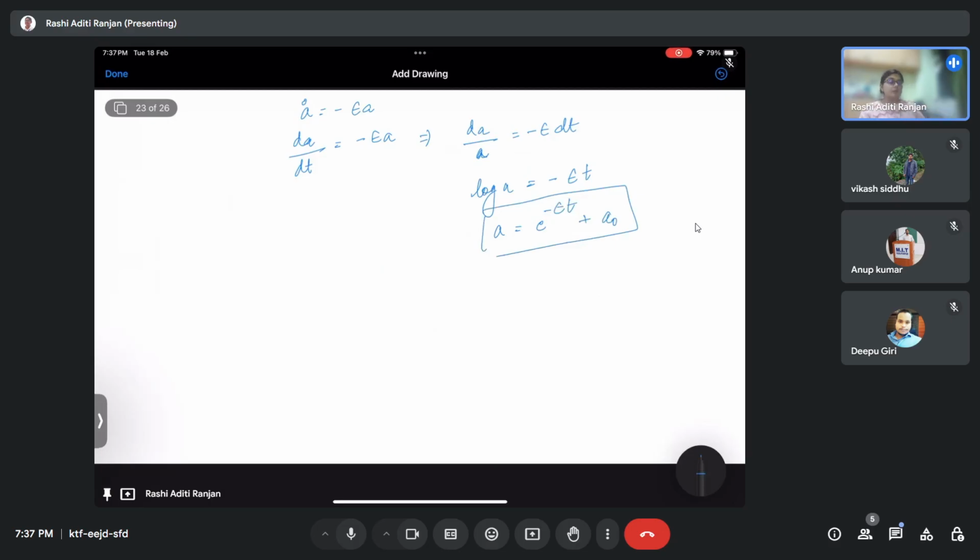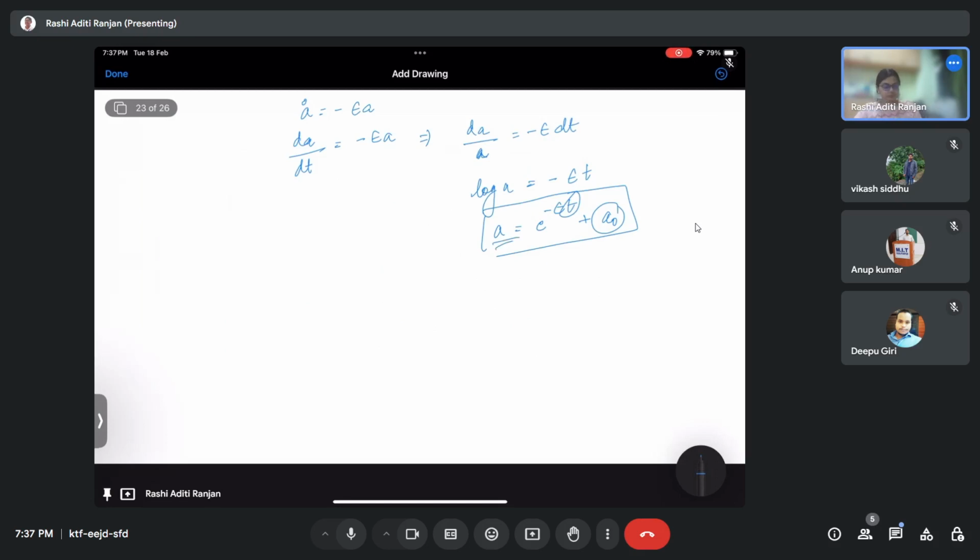So A is equal to e to the power of that. So this is going to be my expression for A, right? So if, for example, I have a question that, tell me the value of amplitude at some, say, t equals 10 seconds, what am I going to do? I can just put t into this. If my constant of integration is given, then I'll put it. If it is not given, I can assume it to be 0. I'll put the value of t and then I can compute the value of A for that particular time instant.